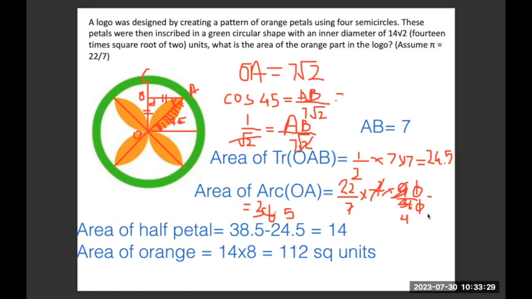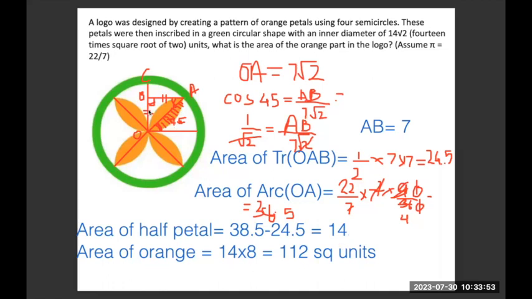When I calculate this further, I get 38.5 as the area enclosed by the arch. Once I subtract the triangle area from the arch area, I get the half petal: 38.5 minus 24.5, which is 14.